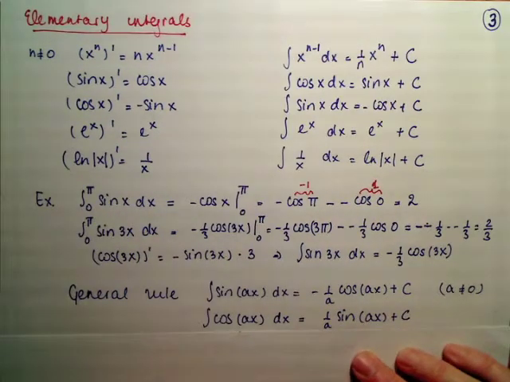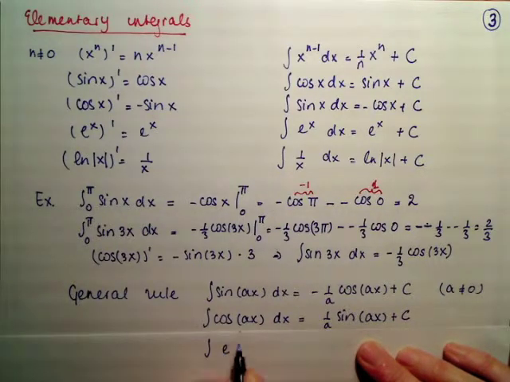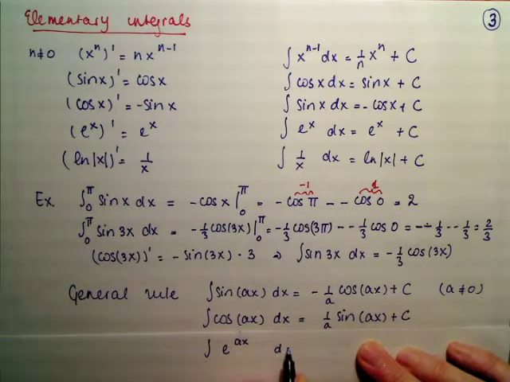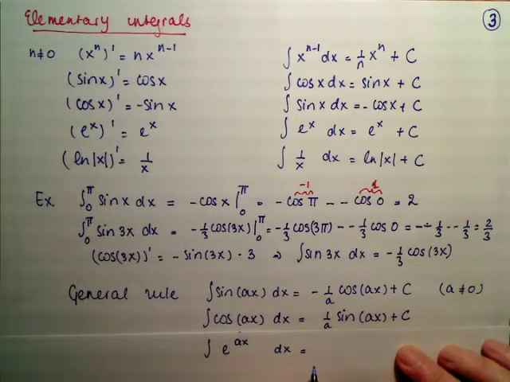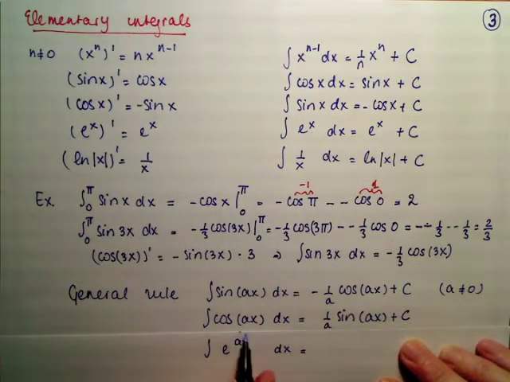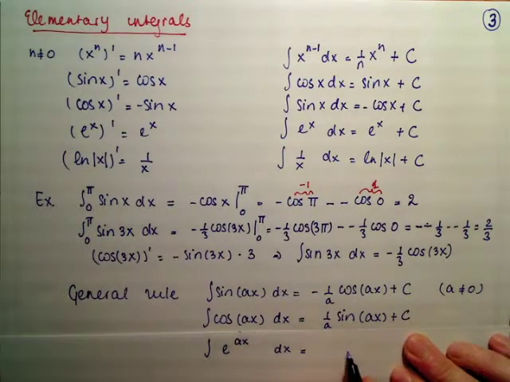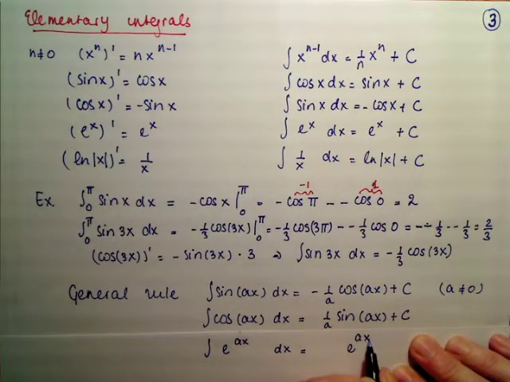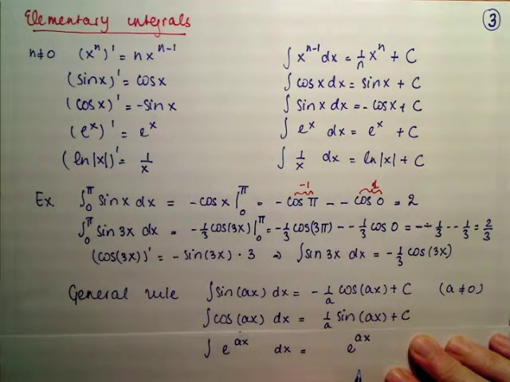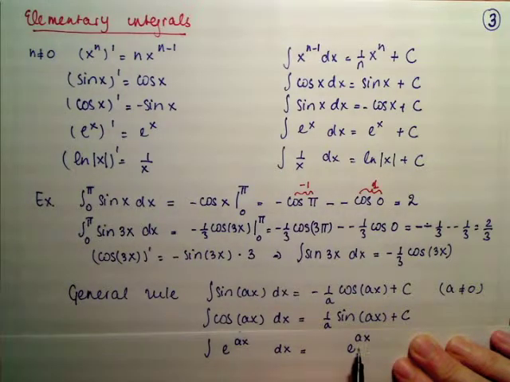Finally, we'll calculate the primitive of e to the power a times x. Of course, if we take a primitive of some function containing a term e to some power, then this primitive should contain the same term, e to the power a times x. So let us see what will happen if we differentiate e to the power a times x.